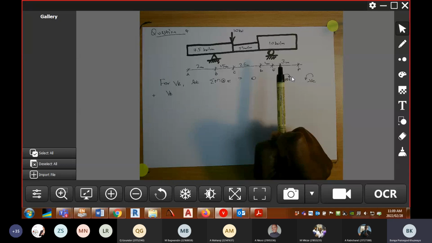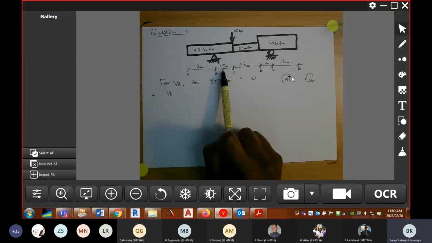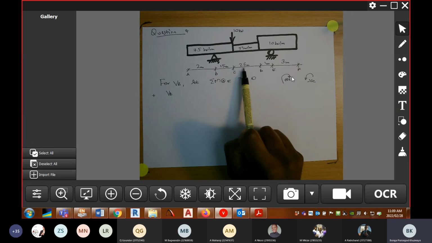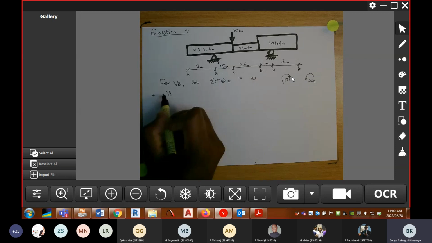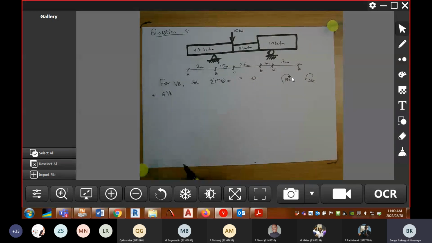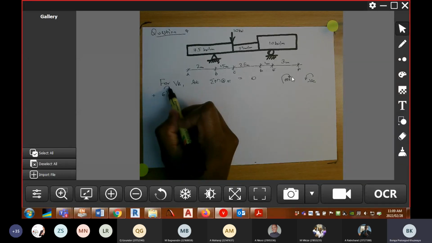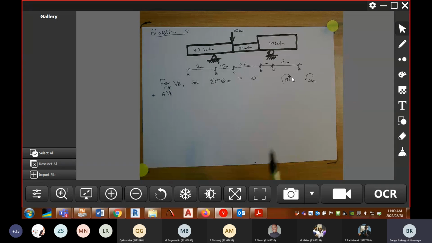The lever arm for VB is 1,5 plus 2,5 plus 1. That's the lever arm for VB. So we've got 6 VB, and VB is causing clockwise rotation about node E. Let me just check the dimensions and make sure they are correct here.